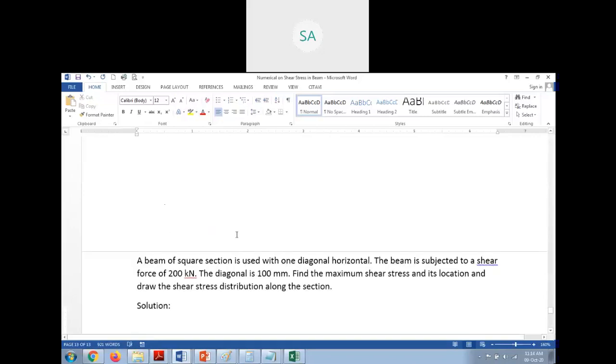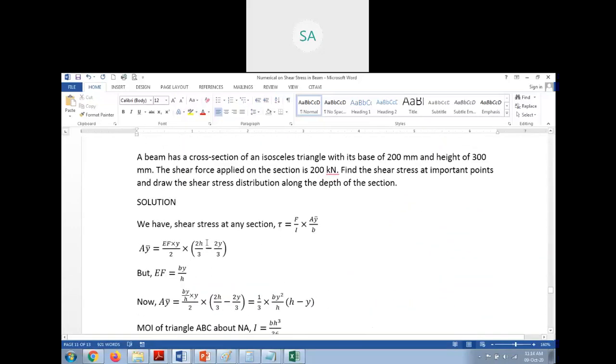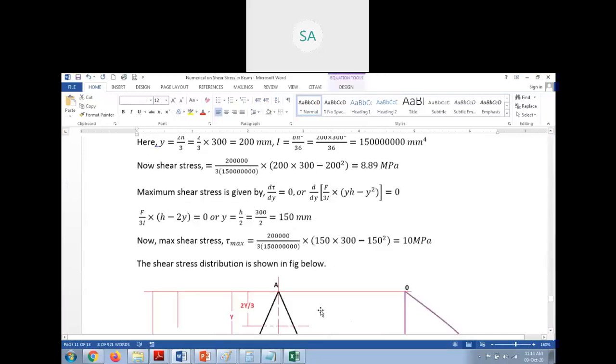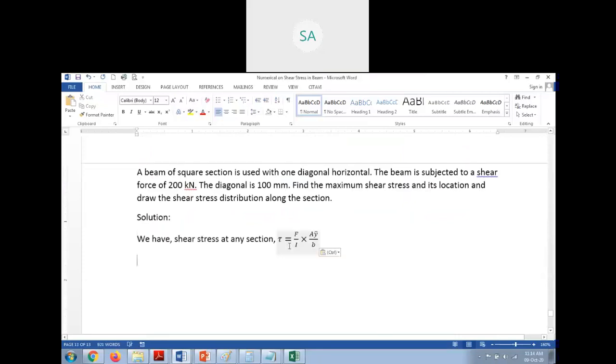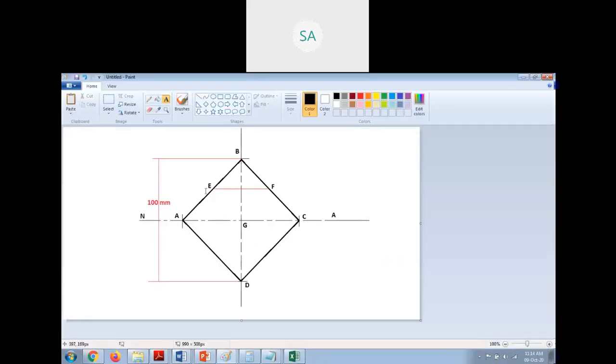Now the shear stress at this level is given by this equation, which I'll copy from here so that I don't have to type. Shear stress at any section is given by this equation. Now I have considered a layer EF, which is at a distance y from the apex. I will call this length y.